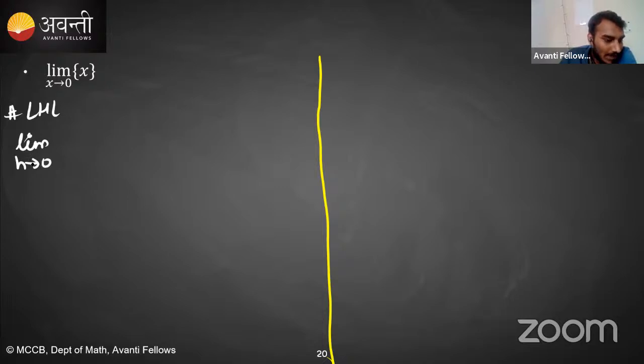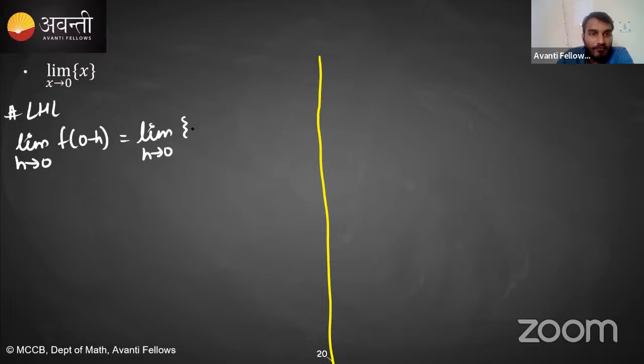So I'm finding the LHL, the left hand limit. Limit h tends to 0, f of 0 minus h, which is limit h tends to 0 of fractional of minus h. Remember, this is the fractional of a negative value, which is just in the immediate neighborhood of 0.